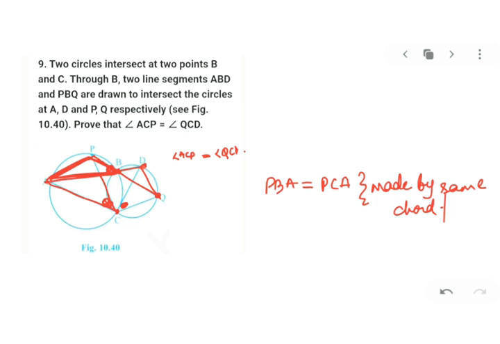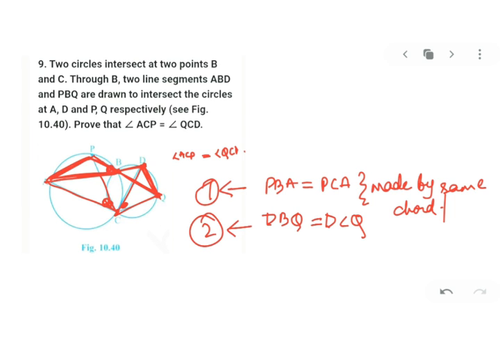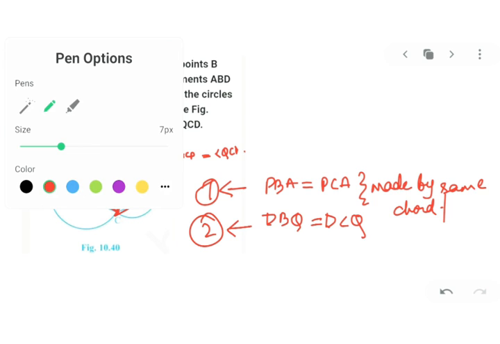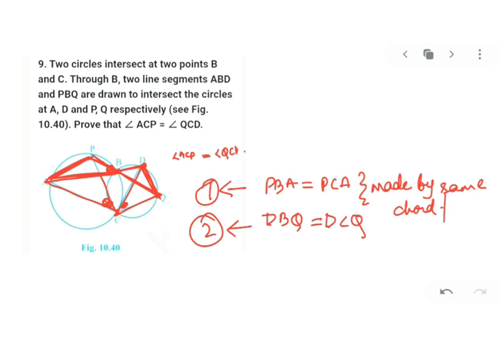Further, if I look at DQ, DQ is also making an angle DBQ and it is also making DCQ. So can I say DBQ is equal to DCQ? Yes, my dear kids, you can put this as equation number 1, and this as equation number 2. Now, you know very well the vertically opposite angles.